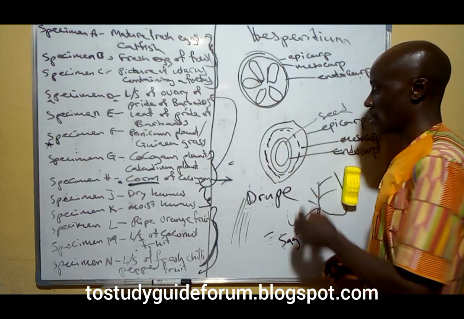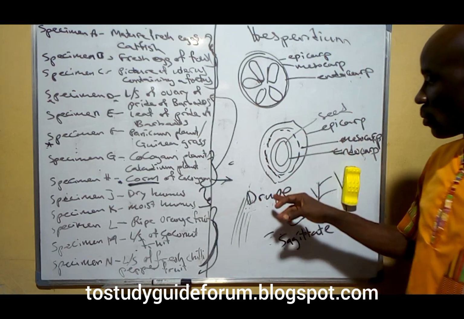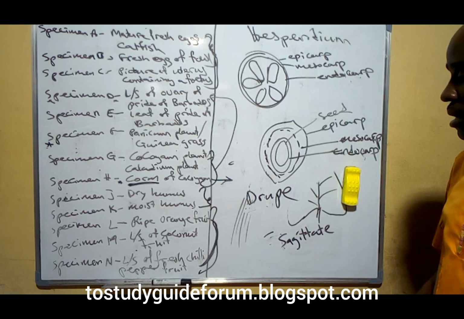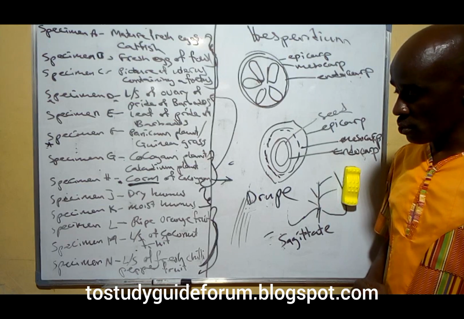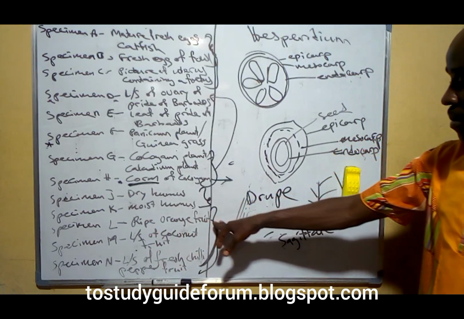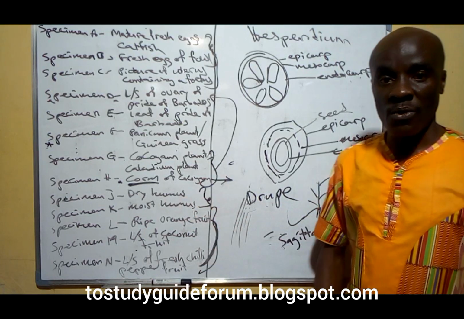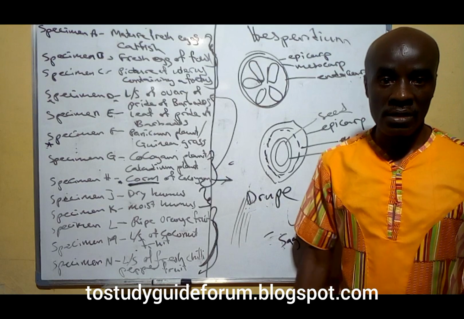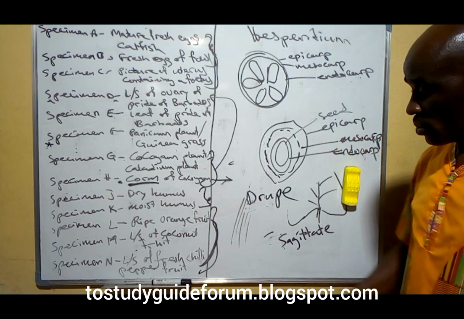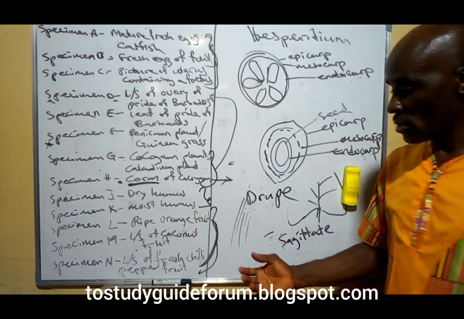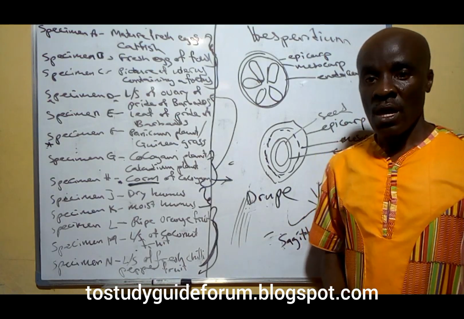The mode of dispersal of this one is by water. The water can take it to anywhere it's going to germinate. While this other one has to do with animals. When animals feed on them, they swallow the seed and take it to another place, and they can also germinate there. The same thing applies to this other one.